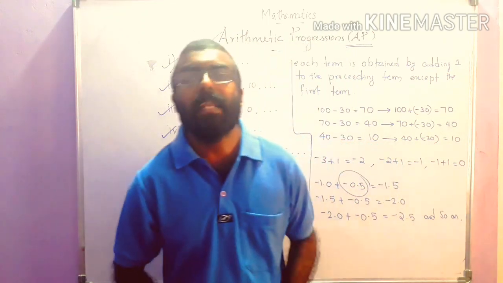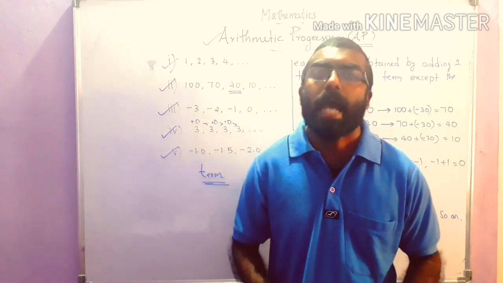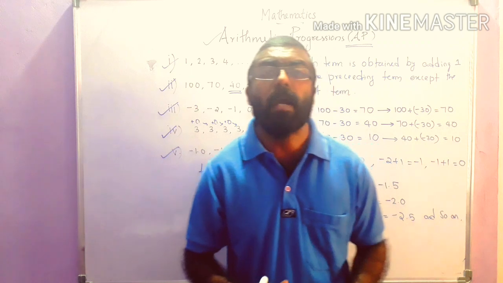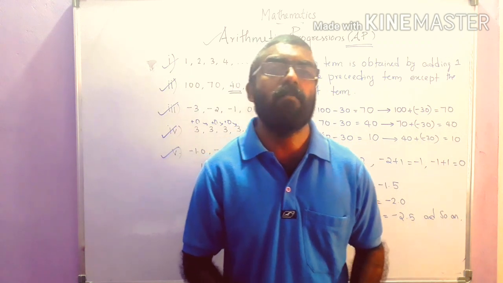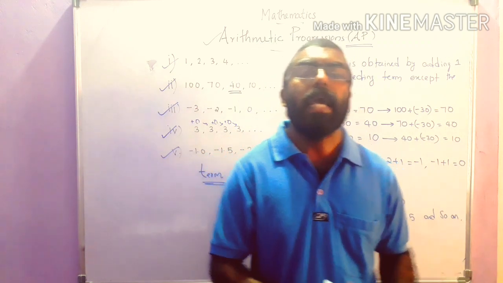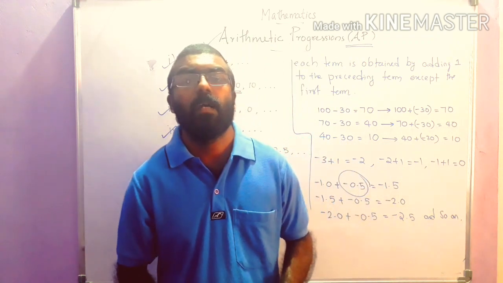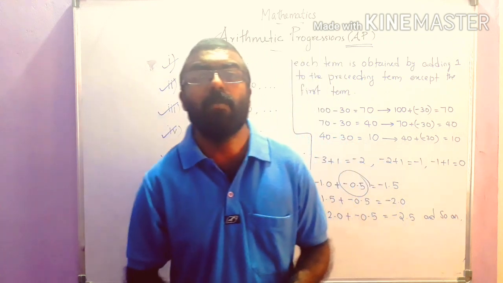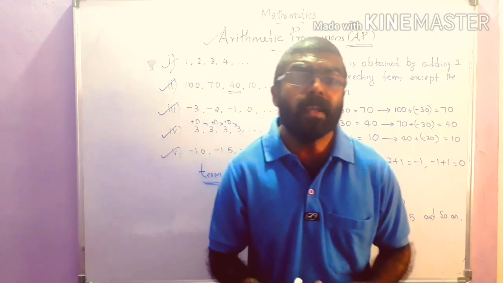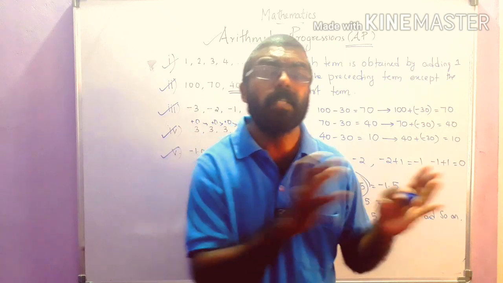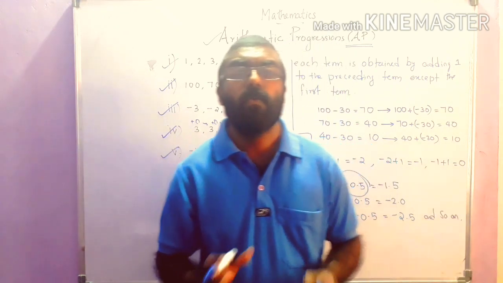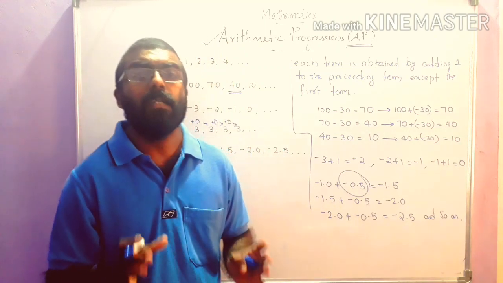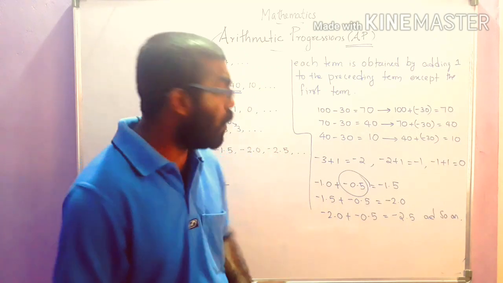So we can define an arithmetic progression like this: an arithmetic progression is a list of numbers obtained by adding a fixed number to the preceding term, except the first term. I repeat, an arithmetic progression is a list of numbers obtained by adding a fixed number to the preceding term, except the first term. This fixed number is called the common difference of the AP. Common difference.